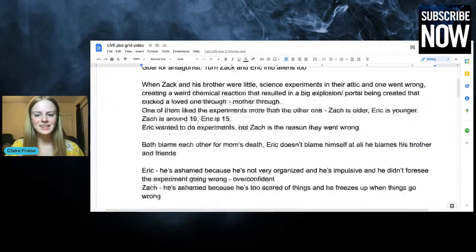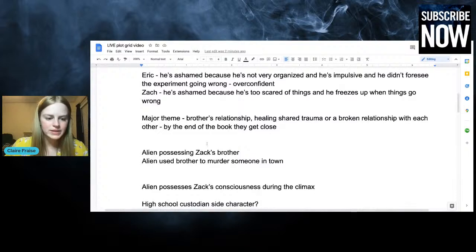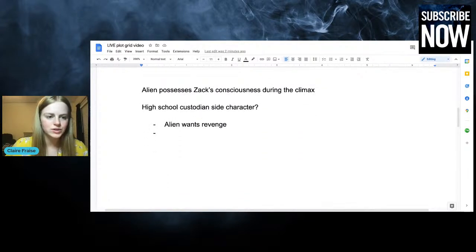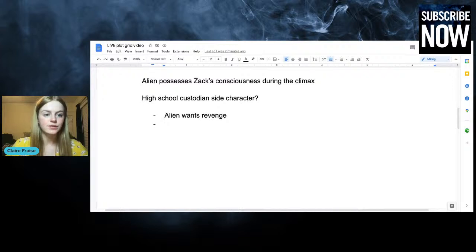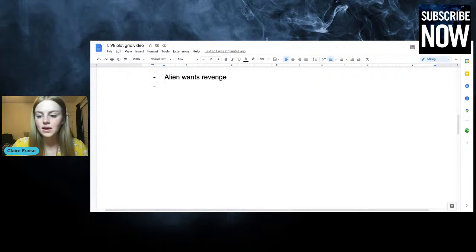Okay, so this is kind of our general premise for the story. We also have some side characters, which we'll get to as we continue to flesh out. Some side characters that will probably have to be introduced are the character of the dad, maybe other people in the family.